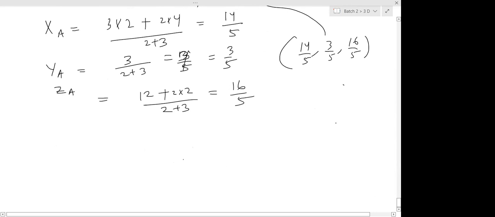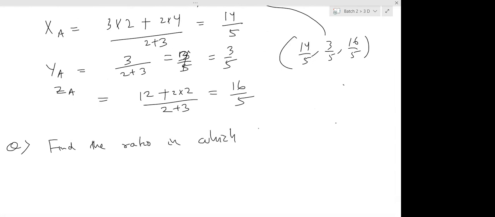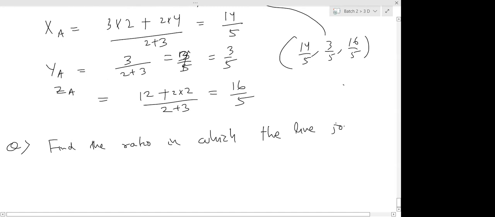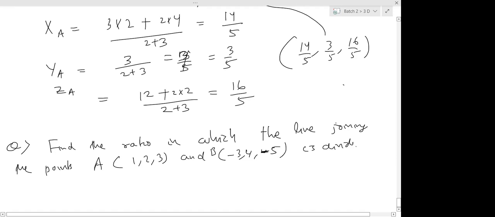Okay. Next question. Find the ratio in which the line joining the points A 1, 2, 3 and B minus 3, 4, minus 5 is divided by the xy plane.